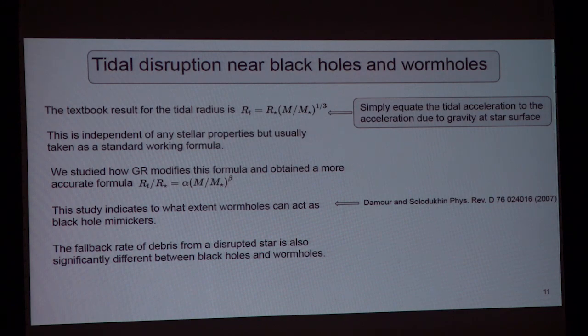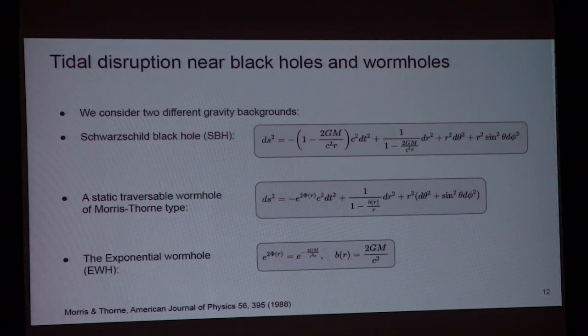But what we saw was that because of the energy condition violations near the throat of the wormhole, that brings in a difference in the power law compared to black holes. Actually, wormholes go one way and black holes go the other way. The other thing we studied was the peak fallback rate of debris from a disrupted star, which is also significantly different between black holes and wormholes.